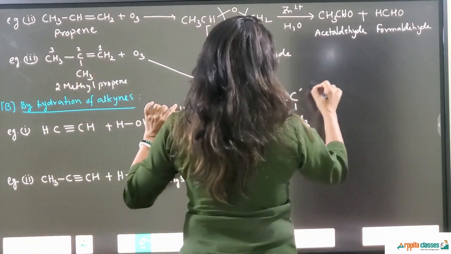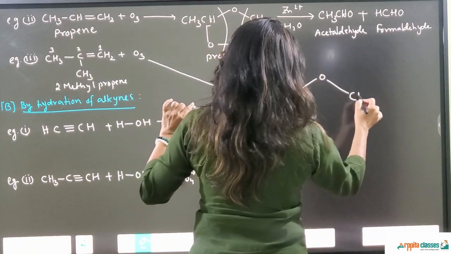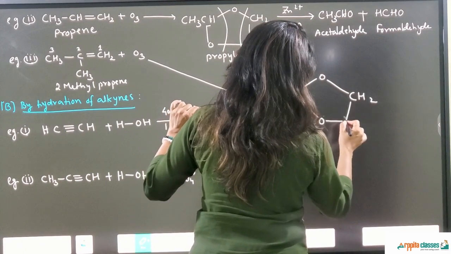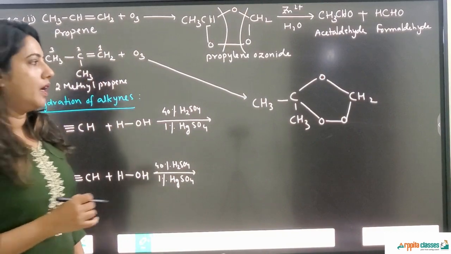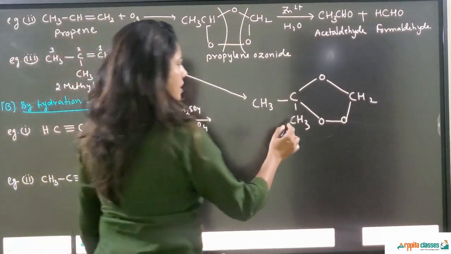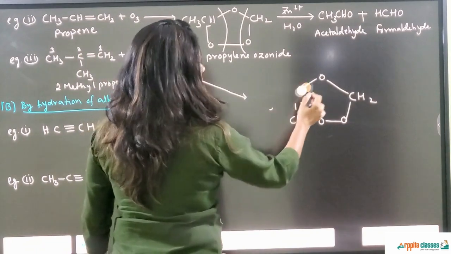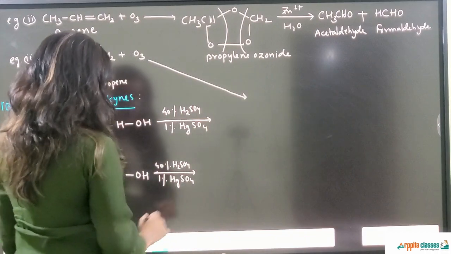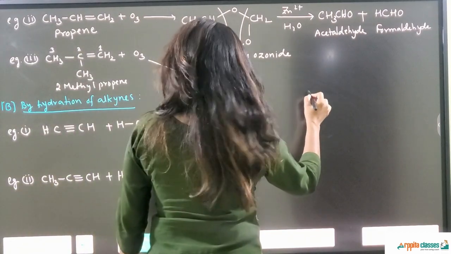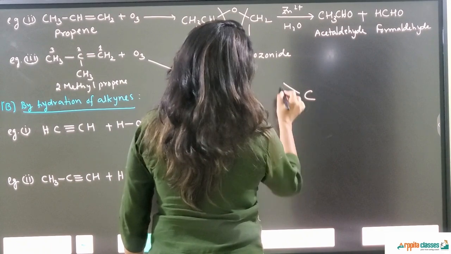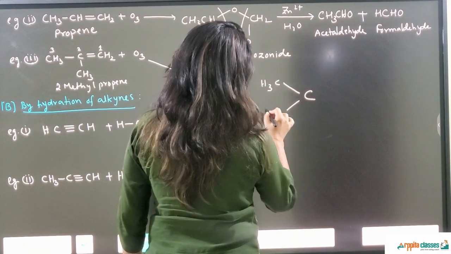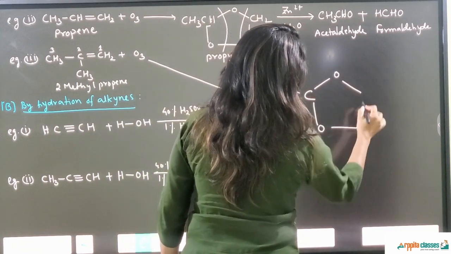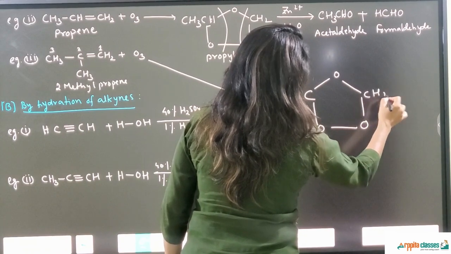Now this double bond, one bond will go up and hold one oxygen, this CH2 is as it is, and another bond is like this. You can write this in a nicer manner, just to represent the molecule properly. I can write these two CH3 like this, CH3 and CH3. Now the double bond is holding the ozone molecule like this, and this is your CH2.